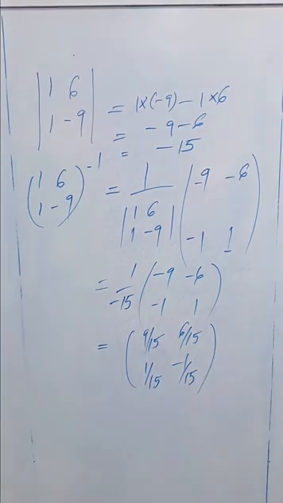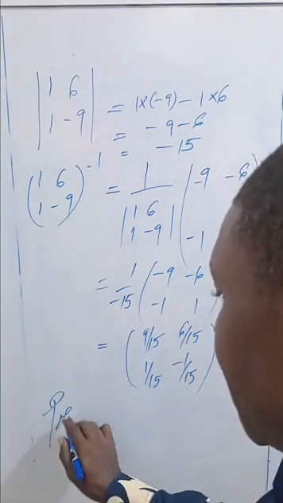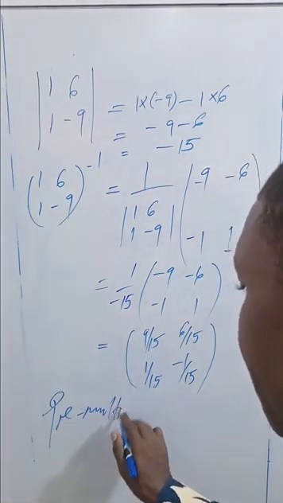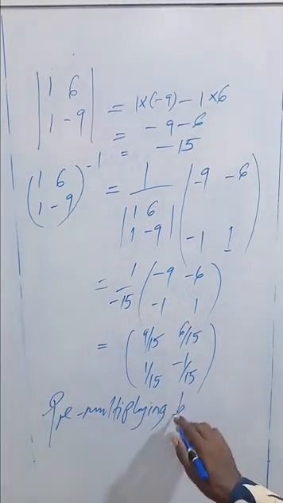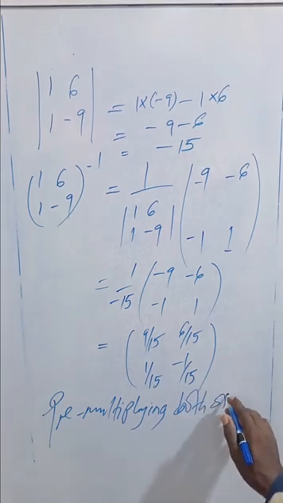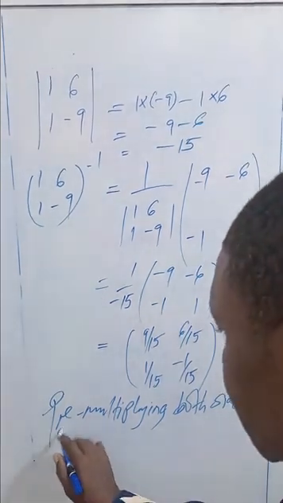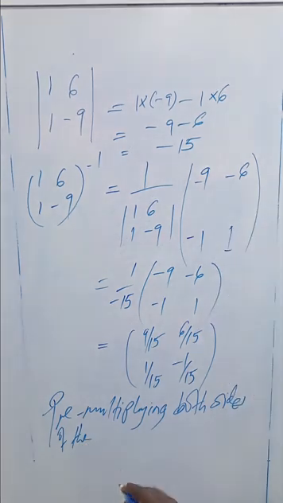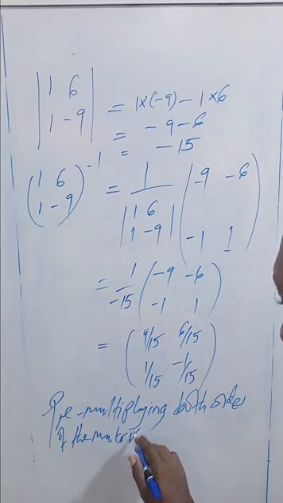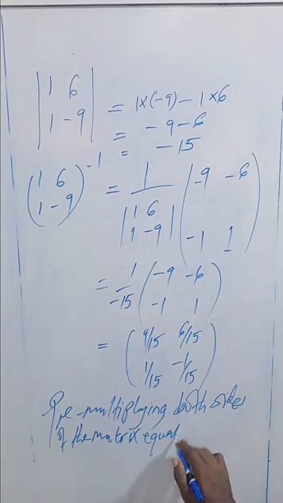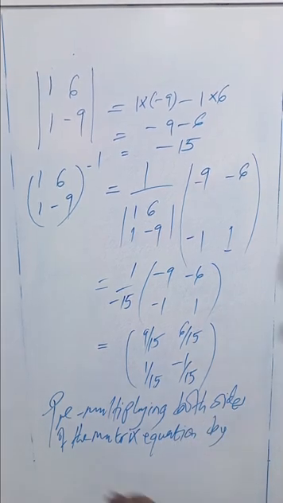Now this is the next question. What do we do with this inverse? Okay, pre-multiplying: multiply both sides of the matrix equation by the inverse.